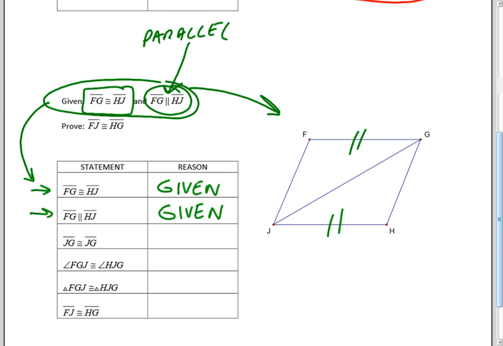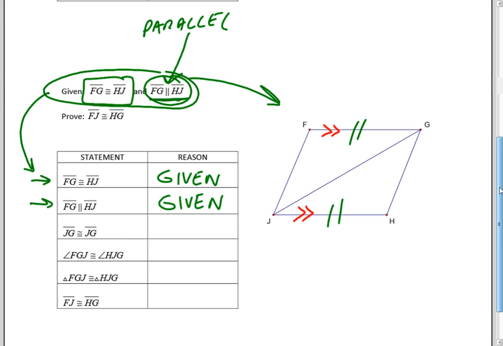Sometimes you will see that perfectly vertical. Sometimes it'll be slanted a little bit. If you see 2 lines that look parallel in between 2 segments, it means parallel. How do I show that in the drawing? Arrows. Let's put a couple arrows. Arrows mean something different than congruent. Don't get the two confused. You'd get half credit just for doing that.